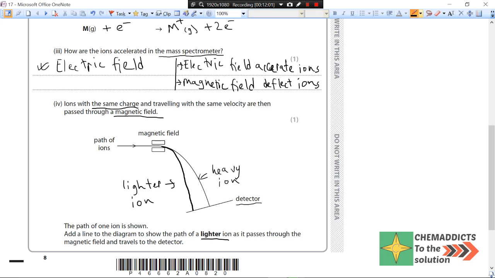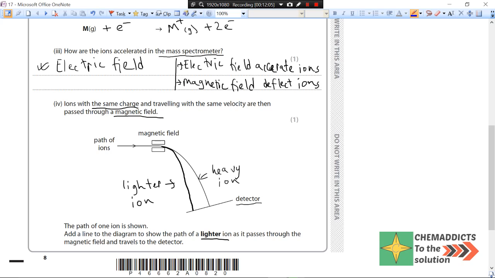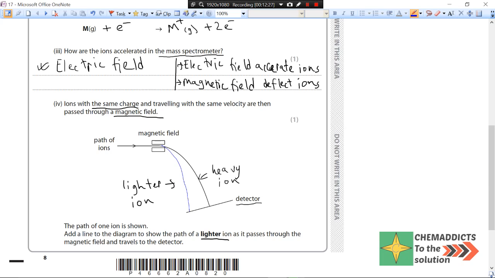Well, let me make this thinner, blue thin. By the way, blue is not my favorite color. Don't get me wrong. I hope that this is the perfect one.